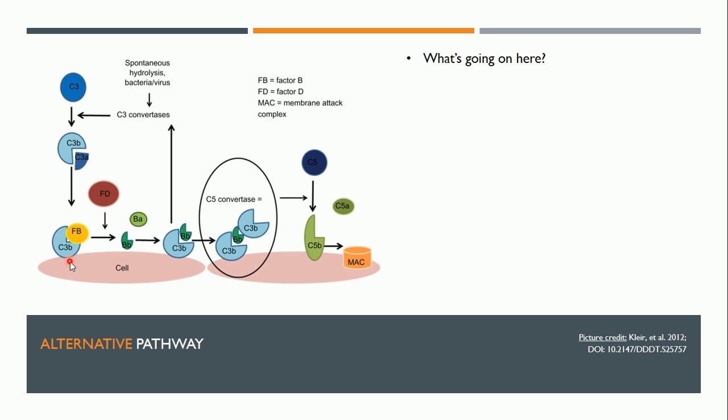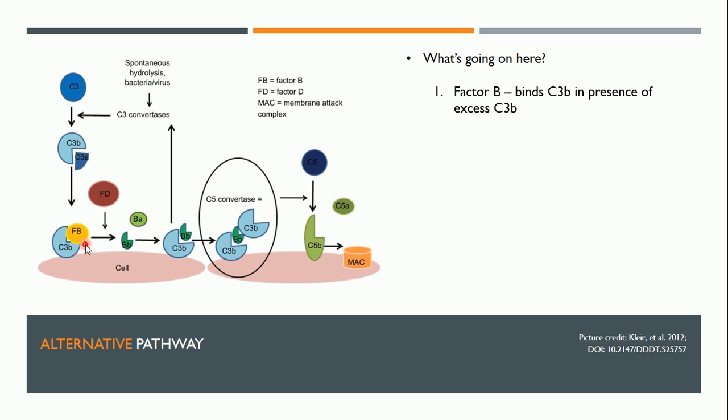What is this FB that we're seeing? Okay, so this FB right here is called factor B. Okay, so factor B, this will bind C3b when it is binding to the cell, okay? And you have to recognize that also that there's going to be excess C3b. So if it's not being degraded normally and it's sticking to the cell, what happens is when it binds the cell, the proteins that degrade it aren't going to degrade it anymore once it's bound, okay?